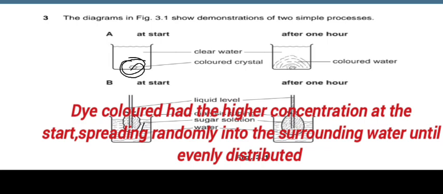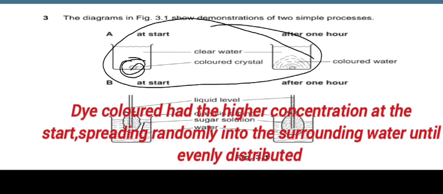Now, as you can see on this diagram here, no selective semi-permeable membrane is involved. So you can just say no membrane is needed. So I think I've made myself clear on that one.